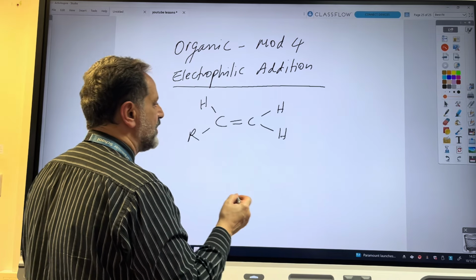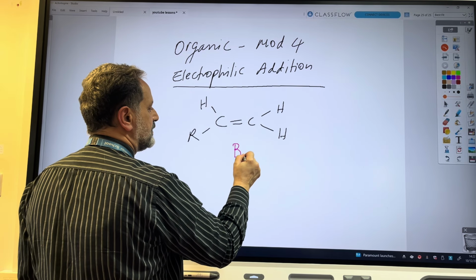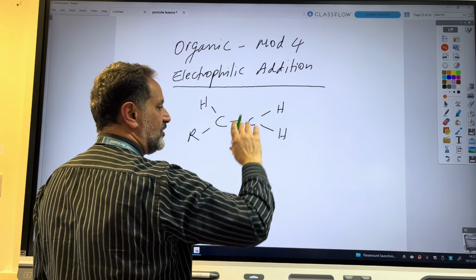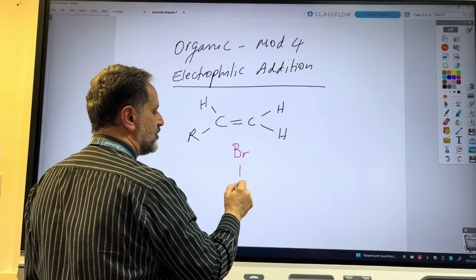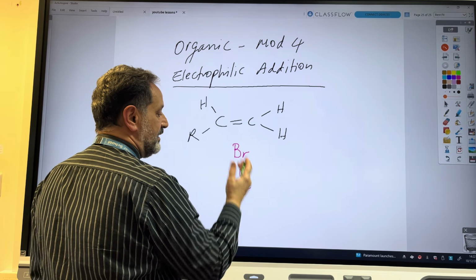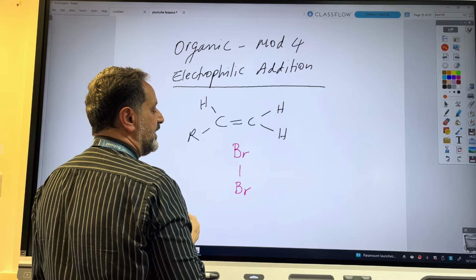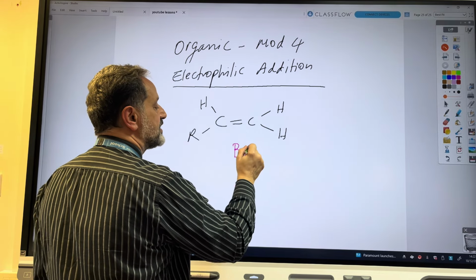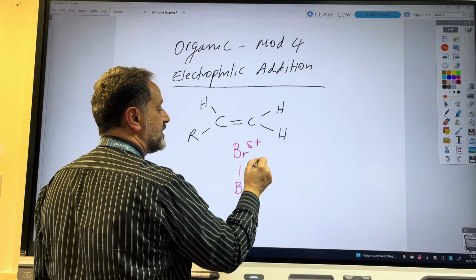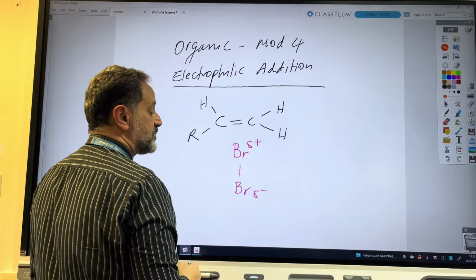If you write your alkene horizontally, it's best to write your bromine vertically. And then you show polarity as well. That end is partially positive, whereas this end is partially negative.